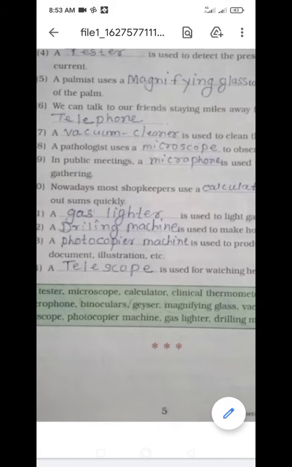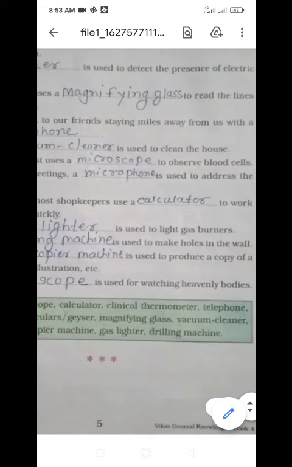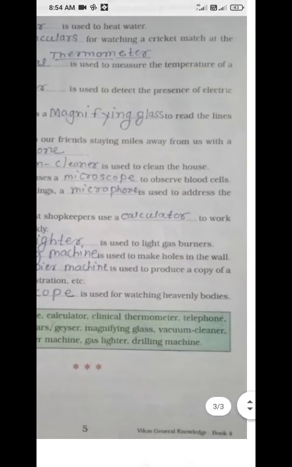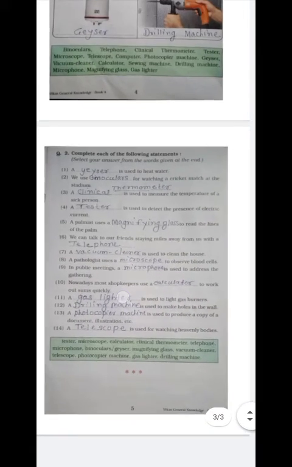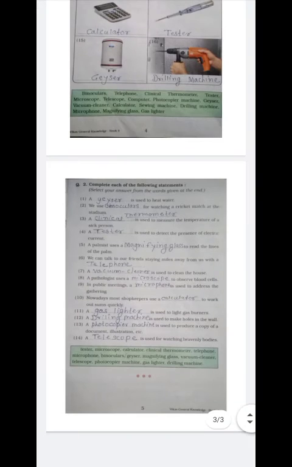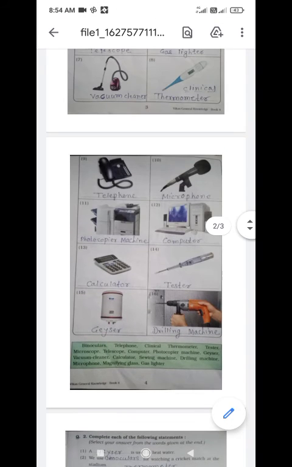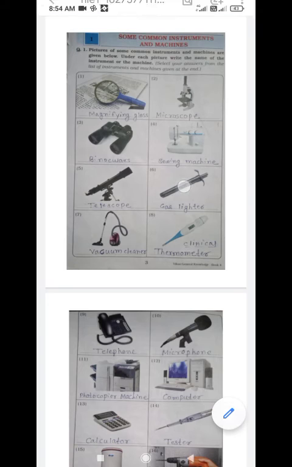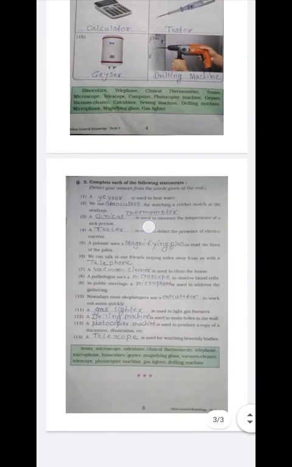A gas lighter is used to light gas burners. Where is the gas lighter? Here. This is a gas lighter. Now next.